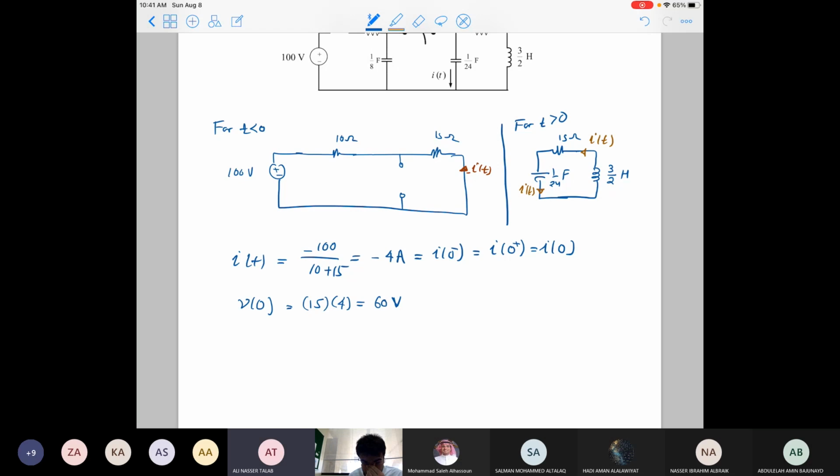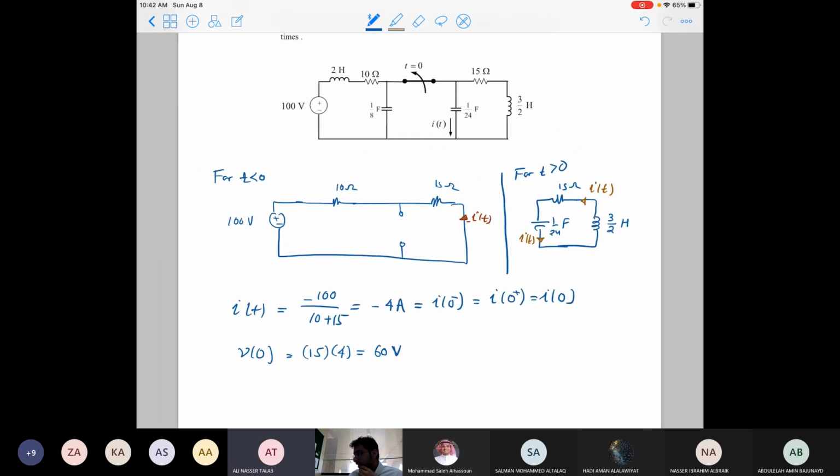What's the direction for the inductor? So the current through the inductor is flowing this way. Yes. So why did you put it in the opposite direction? Because, I'm sorry, the current passing through the inductor is this way.